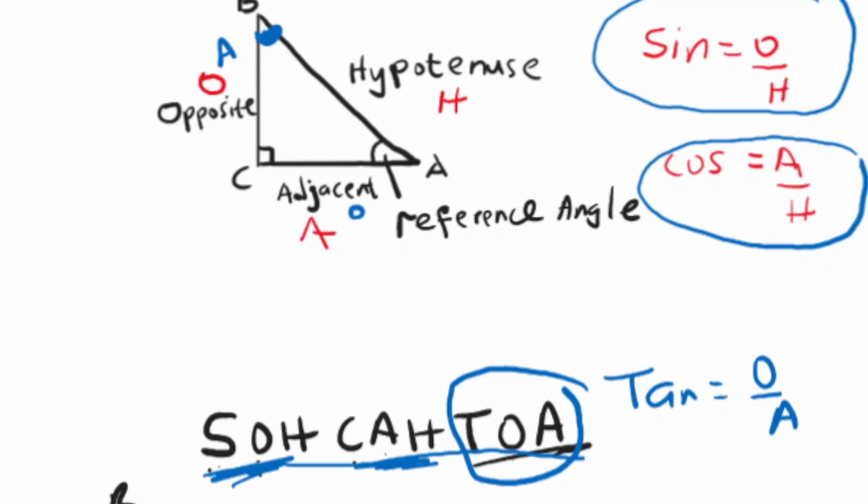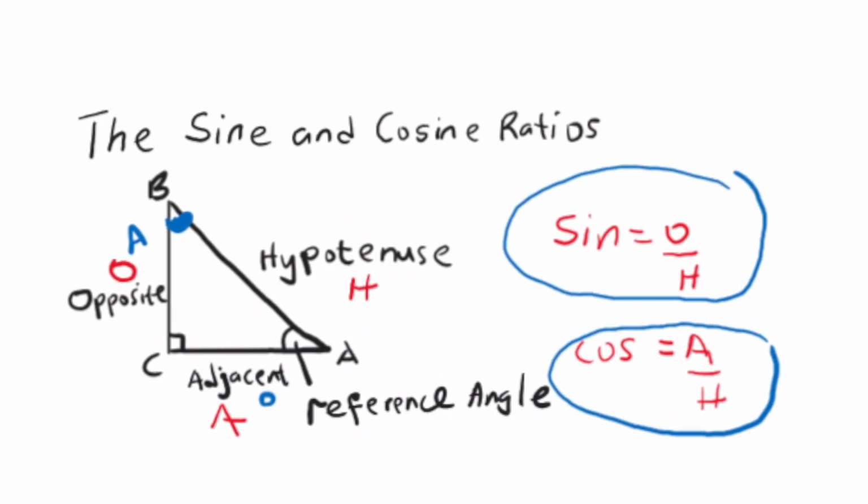Sine is opposite over hypotenuse, the ratio of the opposite side of the triangle to the hypotenuse. But remember always that the opposite depends on the angle you are talking about. And cosine, which is cos, is adjacent over hypotenuse. So sine is opposite over hypotenuse, and cos is adjacent over hypotenuse.